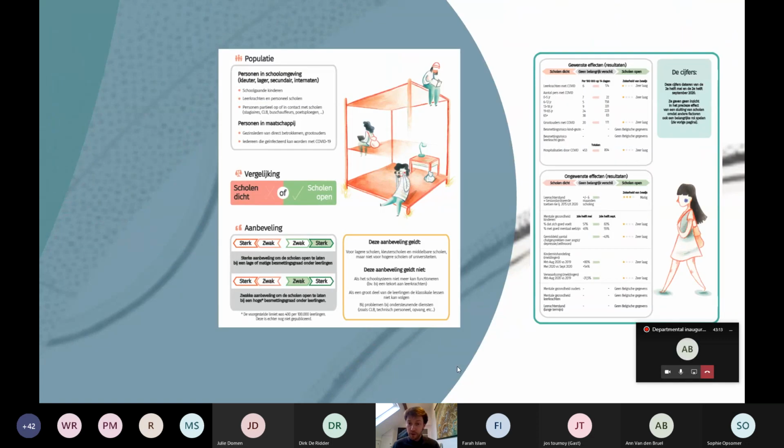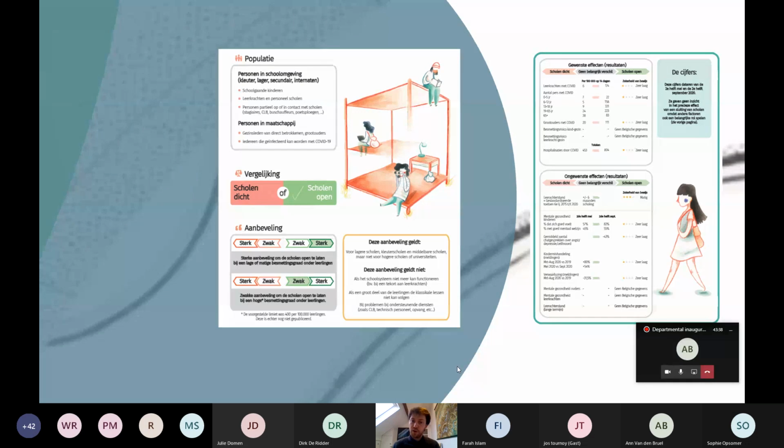Recommendations within the learning health system, again, and this is something that I'll go into a little bit deeper later in this lecture. This is the infographic for a recently accepted publication in the BMJ Pediatrics, where we looked at the question, can we make a recommendation using information in the learning health system on opening or closing schools in this COVID pandemic.